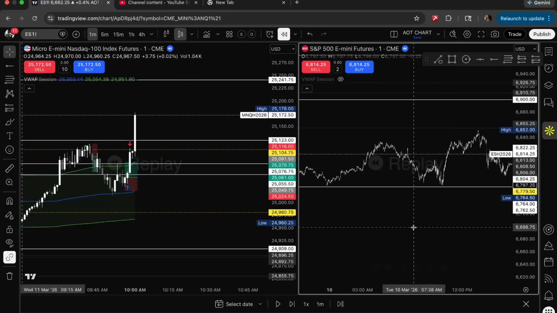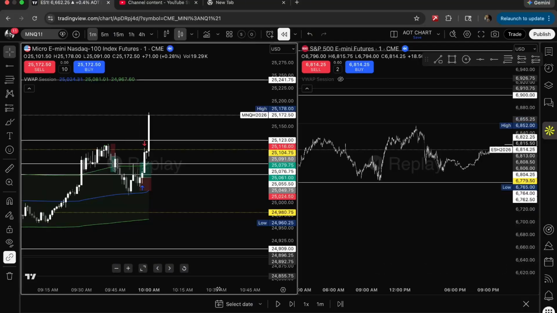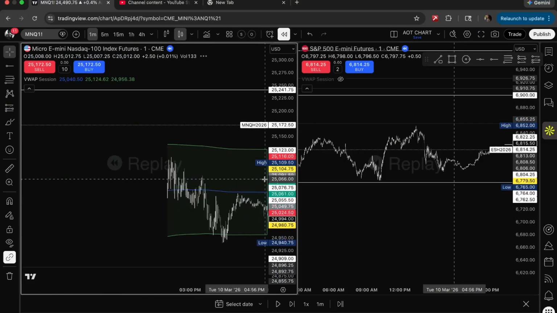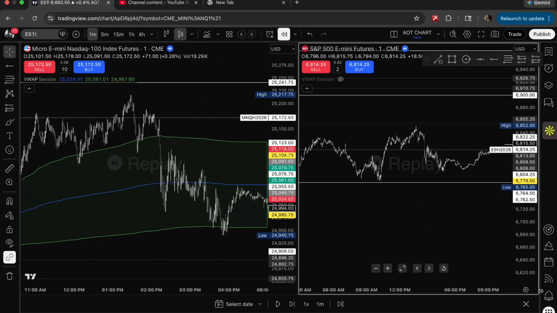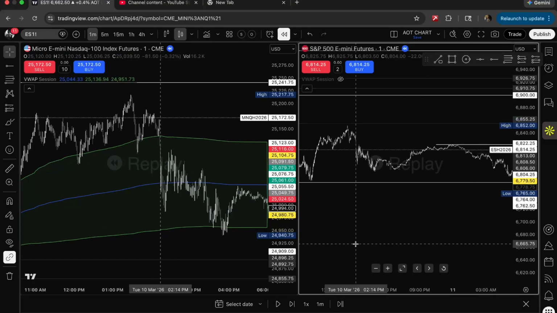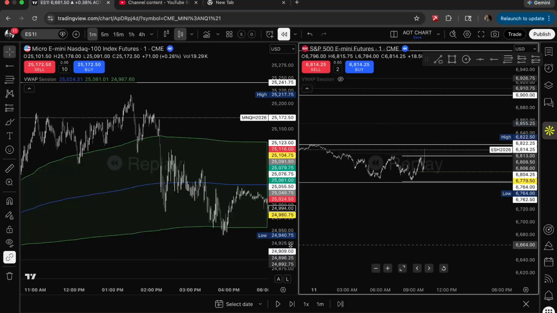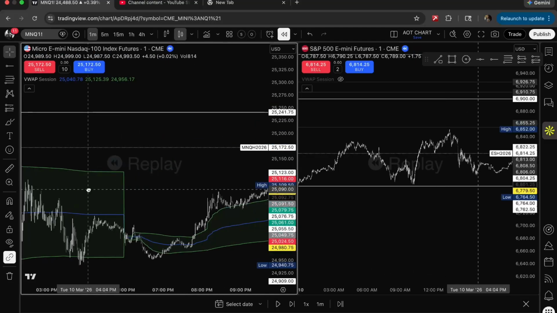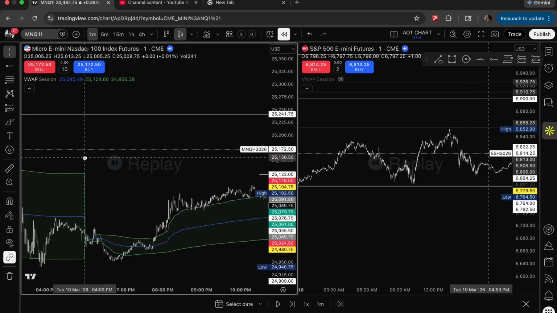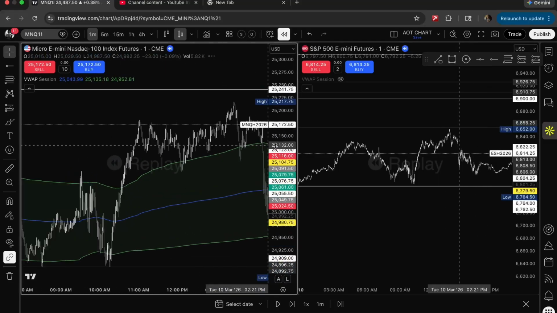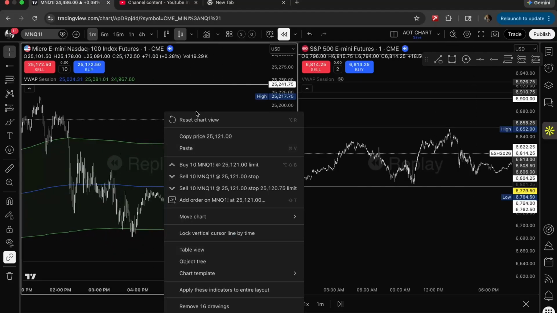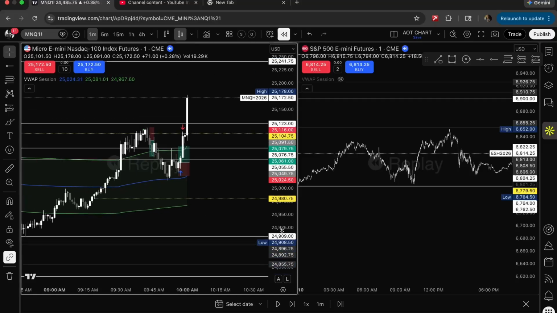I ain't gonna lie, I don't even know where we're at on the higher time frame right now. Yeah, so we still got bearish SMT. I'm gonna wait for a pullback.